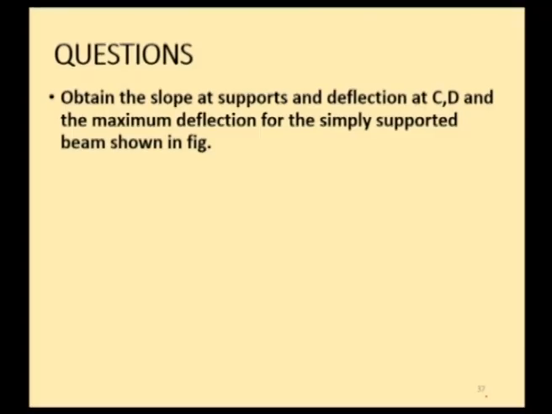Now, we will have some questions so that we can review what we have studied. Obtain the slope at supports and deflection at C, D and the maximum deflection for the simply supported beam shown in figure. So, I have been given a simply supported beam problem, say subjected to 3 point loads.